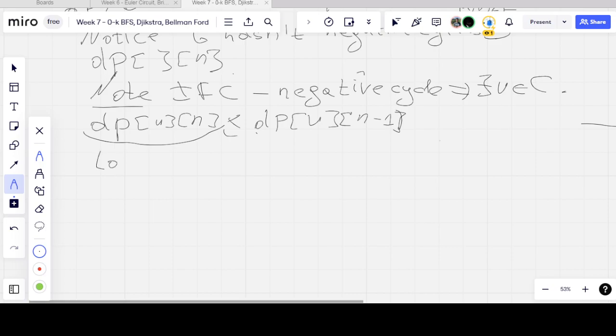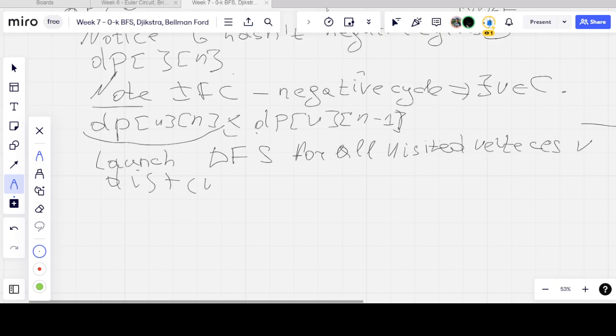So how to find a negative cycle? Just launch BFS for all vertices where dist[s][w] equals minus infinity.